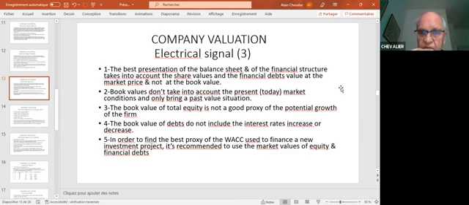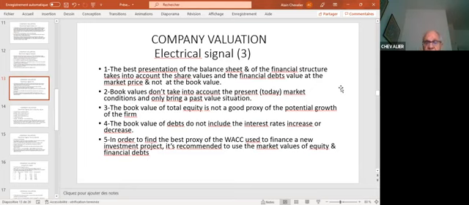We know, point two, that book values don't take into account today's market conditions and only bring the past value situation. Three, the book value of total equity is not a good proxy of potential growth of a firm.